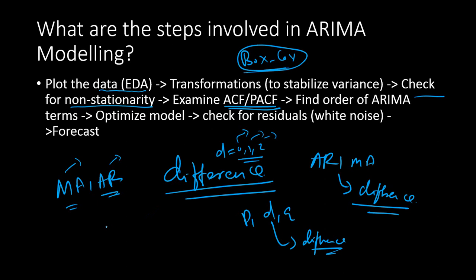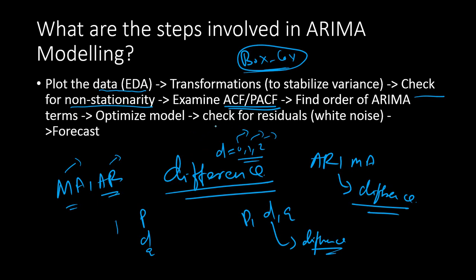That's based on the prediction accuracy and also some other means by which you can optimize it. But the idea here is that the P, D, and Q values in ARIMA should be such that the model gives accurate predictions.